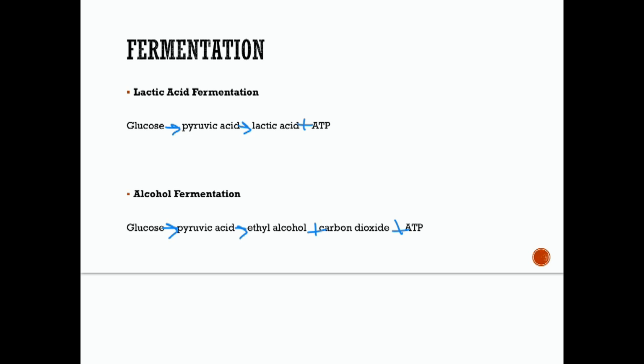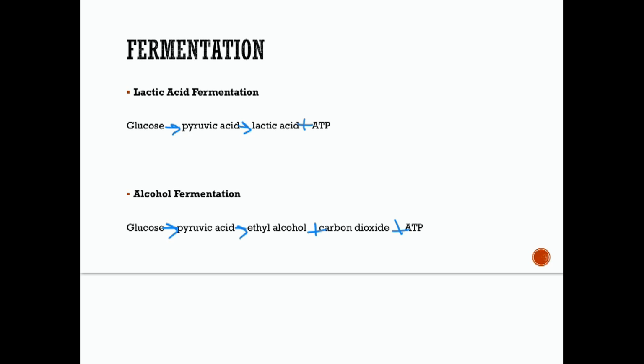Alcohol fermentation occurs in yeasts and some bacteria. The food industry uses yeast cultures in the production of bread and in alcoholic beverages, and the agricultural industry uses yeast to produce ethanol for fuel.